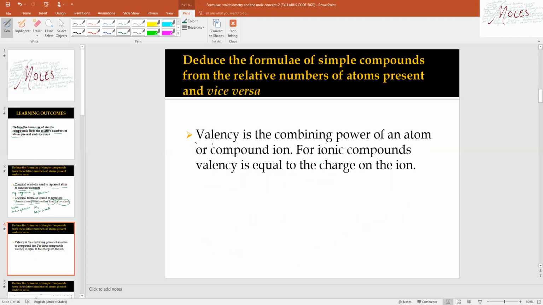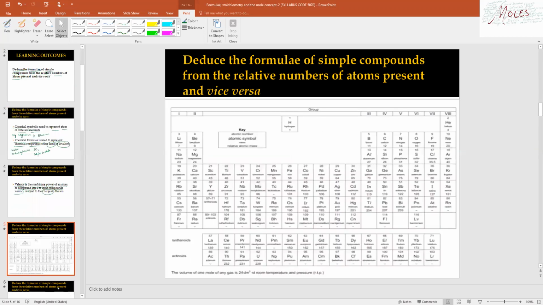Valency is the combining power of an atom or compound ion. For ionic compounds, valency is equal to the charge on the ion. For metals, it is always equal to the group number, that is, the number of electrons metals are going to lose during formation of ionic bonds.